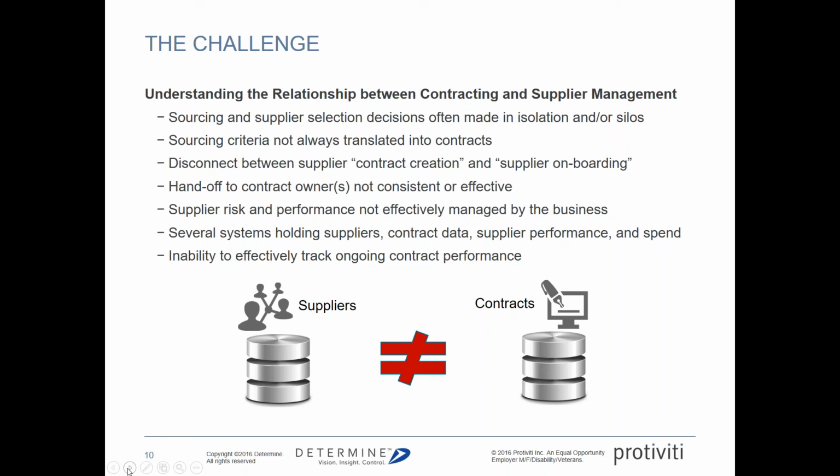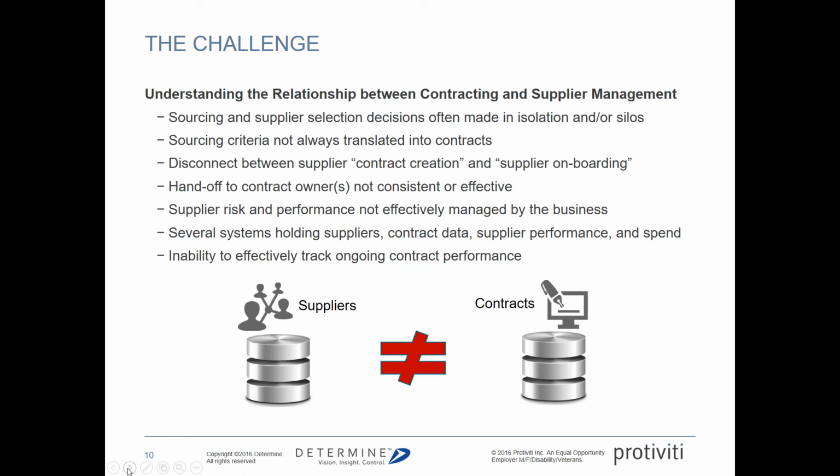Sourcing criteria also is not always translated into contracts, so there's no harmony between sourcing records and contract records, and thus the processes managed by their respective owners are disconnected as it relates to the supplier. The disconnect between supplier contract creation and supplier onboarding also creates a lack of holistic visibility, whereby the relationships or the validations necessary to manage the two processes aren't in sync.